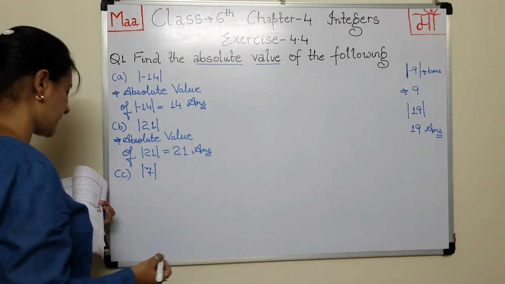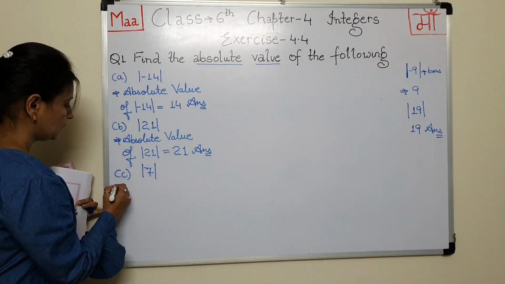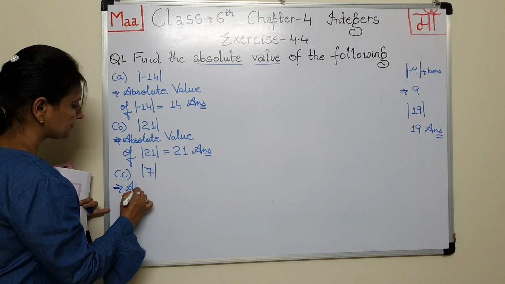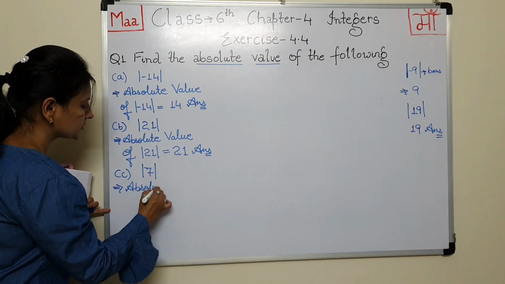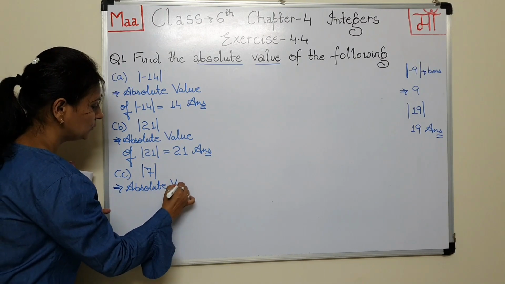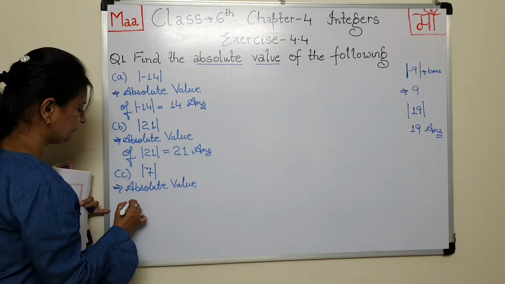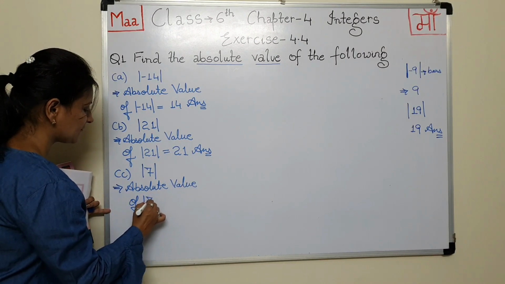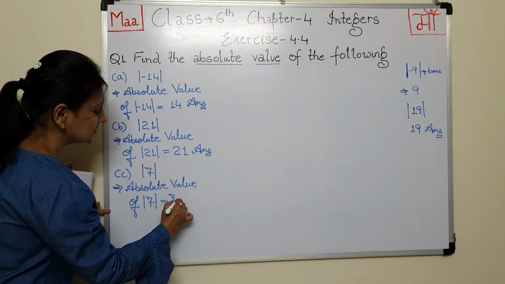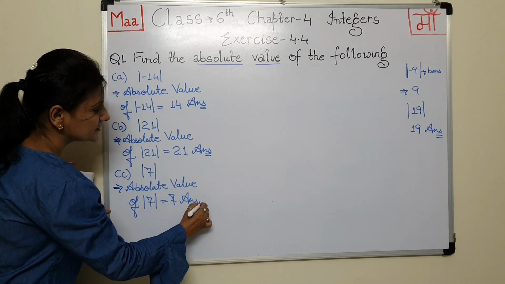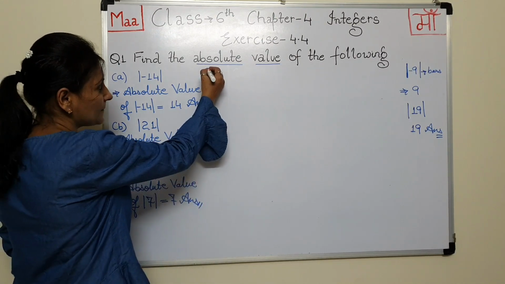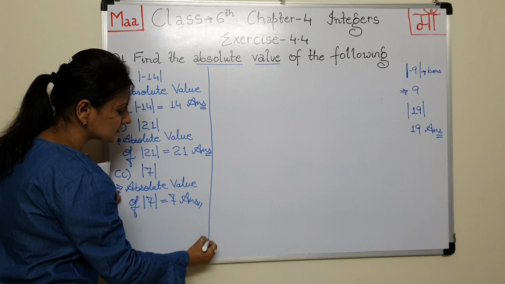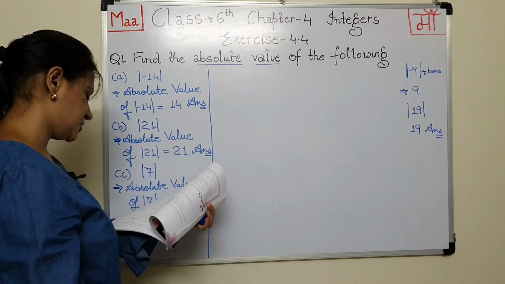Only single number 7 is there. So again you will write absolute value of, you will put this 7 in the bar. So in the answer it will be only number 7. See how simple it is. I told you this is the simplest question of this chapter.